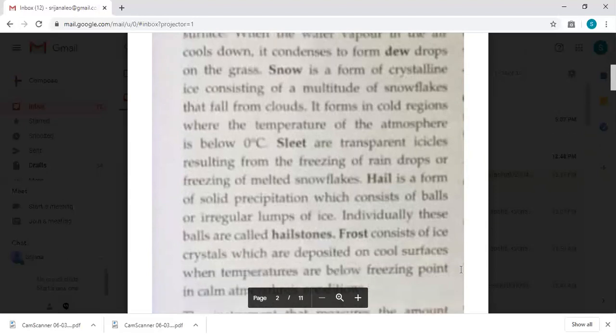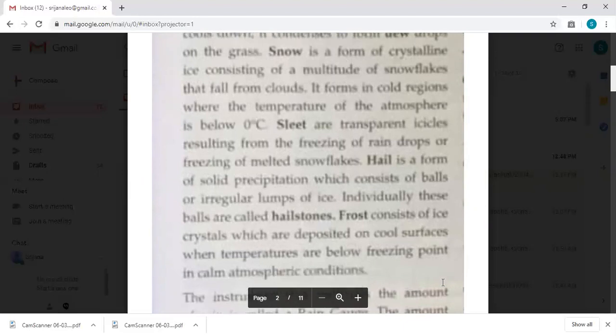Frost now. Frost consists of ice crystals which are deposited on cool surfaces when temperatures are below freezing point. I want to make you understand that the formation of dew and frost is exactly the same.